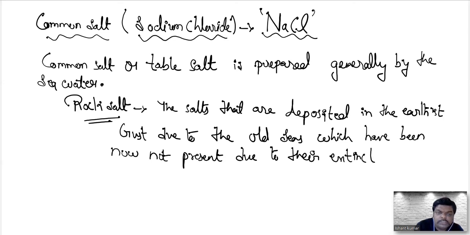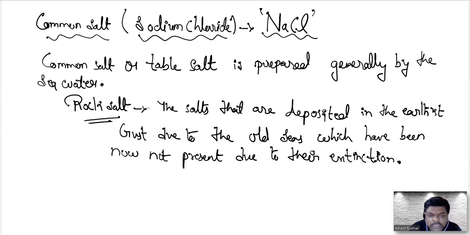Means the old seas, or the old large lakes containing salt in them. In those areas, when the seas dried up, the salt present in that sea got deposited in the form of rocks.